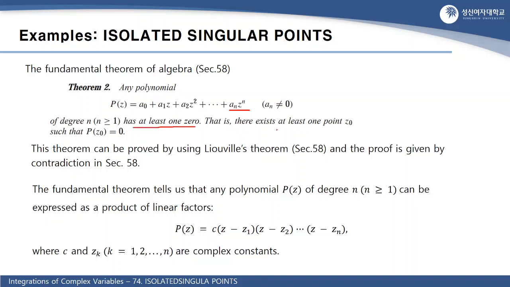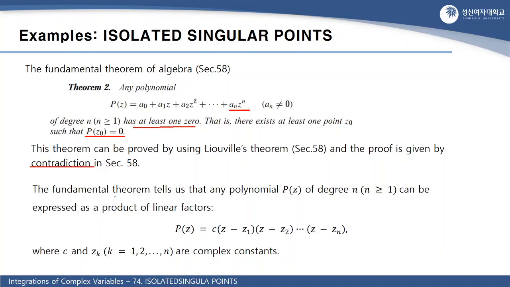That is, there exists at least one point z0 such that p of z0 is equal to 0. This theorem can be proved by using Liouville's theorem, which is given in section 58. Actually, the proof is given by contradiction, in section 58.